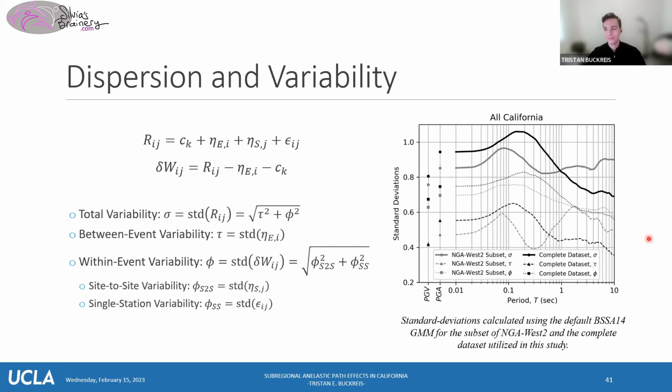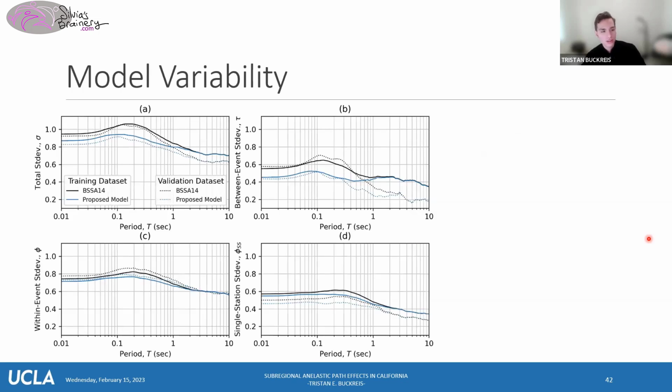So interesting. So here I show the computed values for the total, between event, within event, and single station variability from before for the training and validation data sets. Again, black is for the default model, blue is for the proposed model. And in all cases, it's consistent between the training and validation that we see a reduction in the variability.